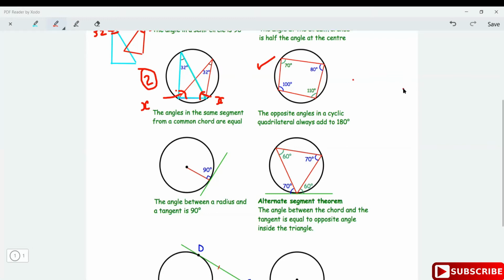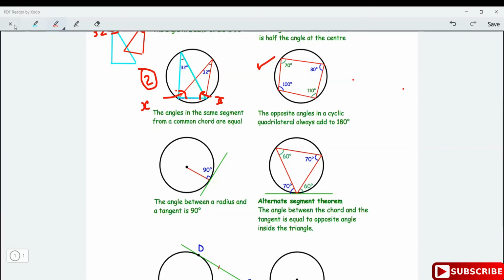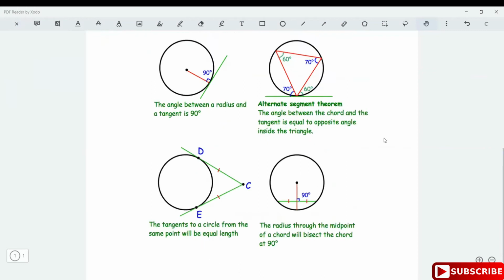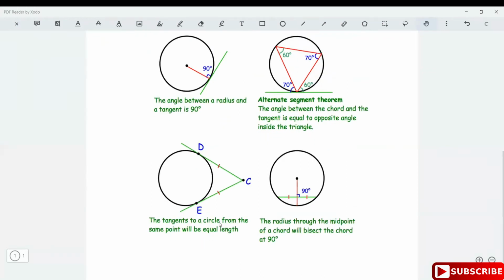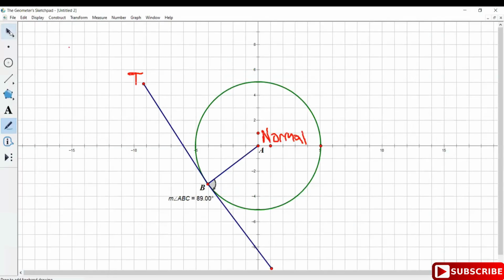Here's another one that we don't normally remember, and that is that two tangents drawn to a circle from the same point will be equal in length. Two tangents drawn from a single external point. What does that mean? Let's remove all of these for now.